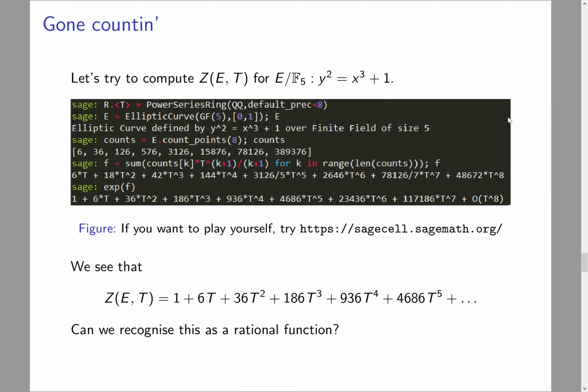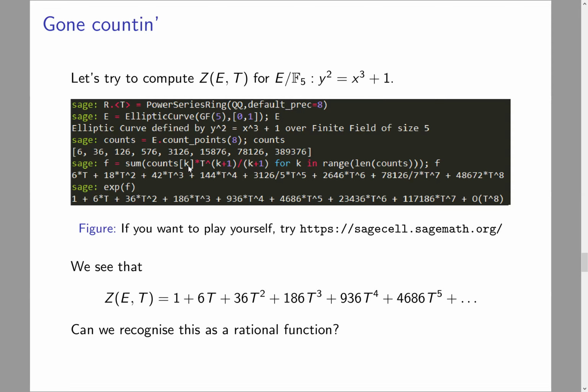But we want to package it into a zeta function. So to do that, we create that sum inside the exponential. So I've just taken the kth element of this list and multiplied it by the appropriate power of t divided by that k. One fiddly thing about Sage is that Sage says the first element of the list is the 0th element.